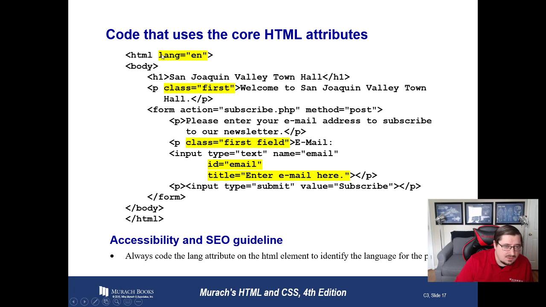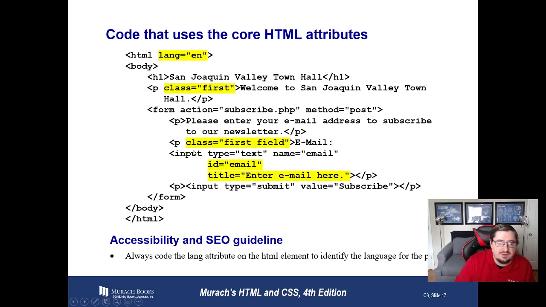Okay, so lang en. In here, we can add a class. I'm going to say this is class first because this is my first paragraph on the page. Here, on this p tag, I'm going to add class is first space field. Anytime you include a space in the class attribute, you're actually specifying that this tag has more than one class.